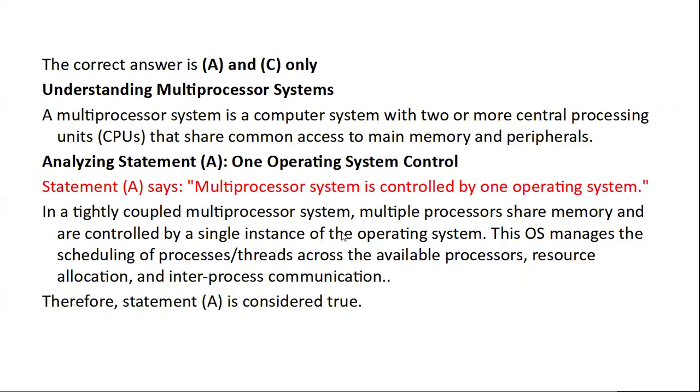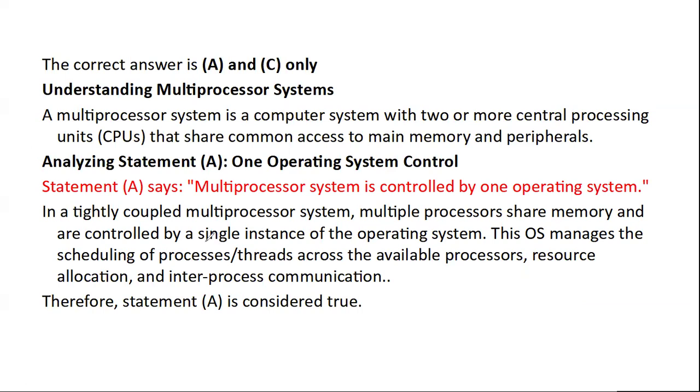The first statement says that a multiprocessor system is controlled by one operating system. Let's check. In a tightly coupled multiprocessor system, the processors share memory and are controlled by a single instance of the operating system.